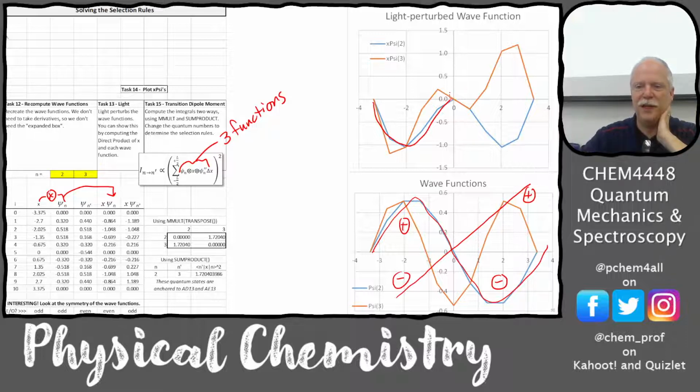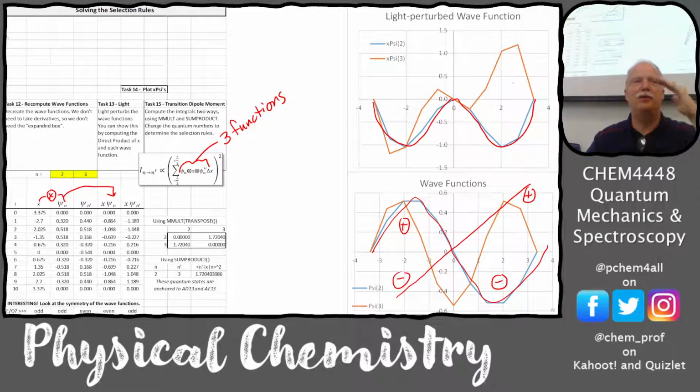Negative times positive is negative, so I get a negative part of that function there too. So that blue wave function has been perturbed by light. So if we think of x as light coming in and perturbing, an electric field perturbing that wave function, it's made it different. It's changed its symmetry, and now it can be compatible with an upper state wave function.